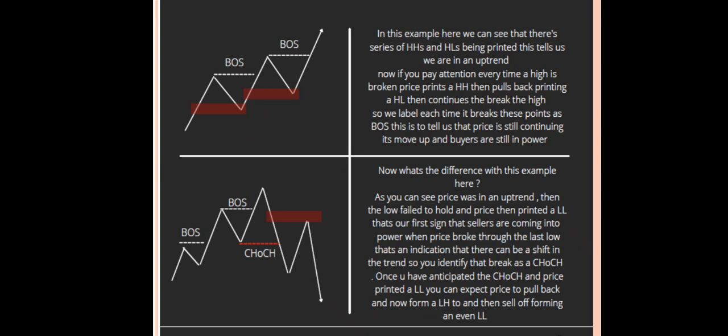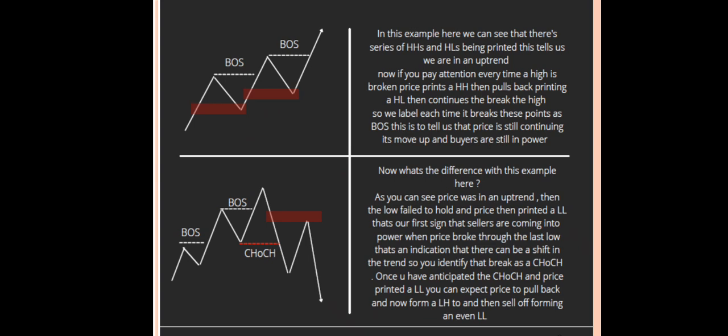Then a CHoCH. Now the difference, in this second example, as you can see, is that price was in an uptrend. Then this low failed to hold, and price printed a lower low down there, and that's our first sign that sellers are coming into power.